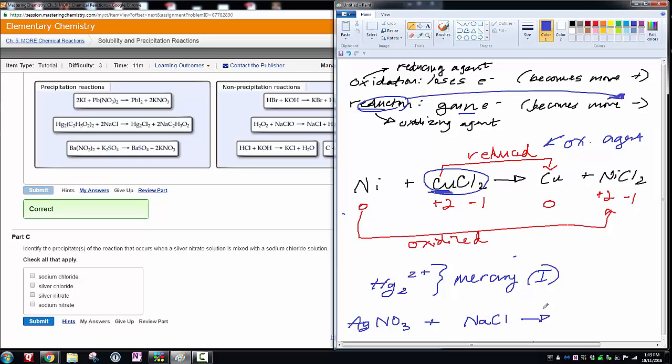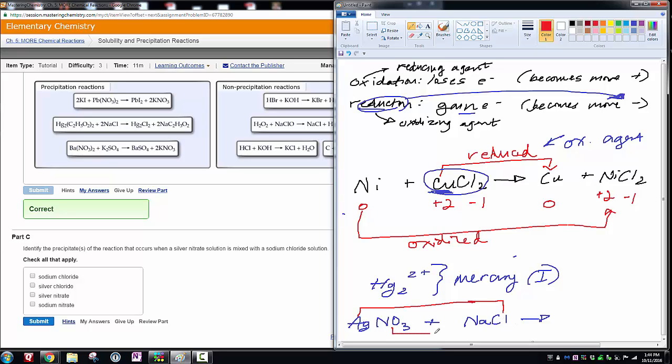Okay, now I need to predict the products, which is easier than it sounds, because at first you might say, I don't know what's going to happen. But remember, cations are always listed before anions. Positively charged ions are not going to react with other positively charged ions. So my only option is to mix this silver with the chlorine, because this is a cation and this is the anion.